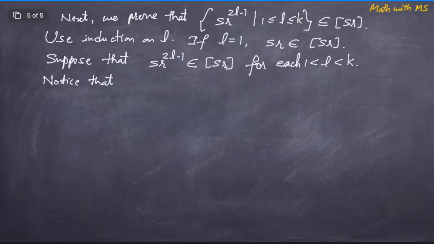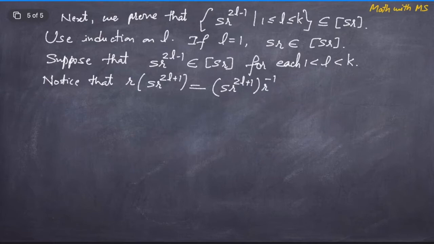Notice that r times this element s r to the power of 2L plus 1 is the same as s r to the power of 2L plus 1 times r inverse. It follows easily again from the third relation in the dihedral group.